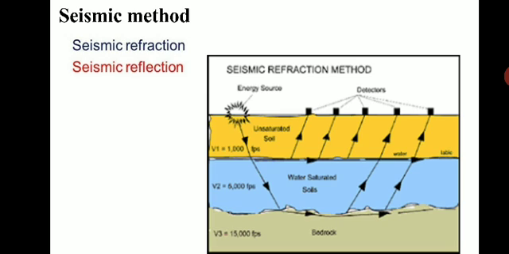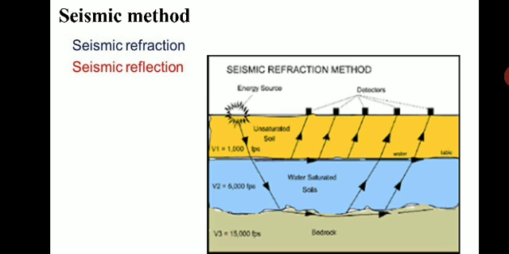Because of this reason, the seismic refraction methods are used in groundwater investigation, because we know the water is available up to a certain depth, not too deep. So the seismic refraction methods are commonly used for groundwater studies.